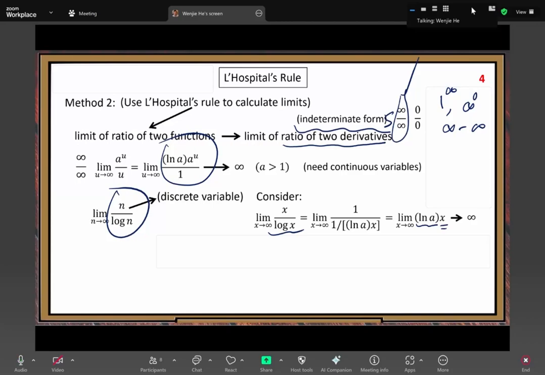So we have no problem applying L'Hopital's rule. We get around that derivative problem. All right, let's take a break.